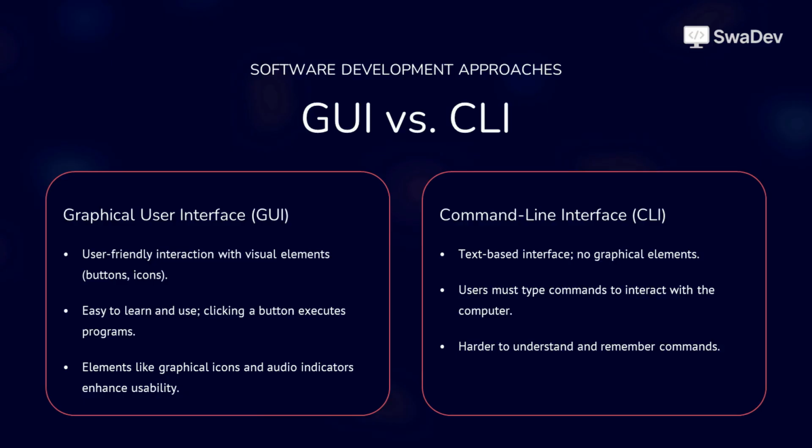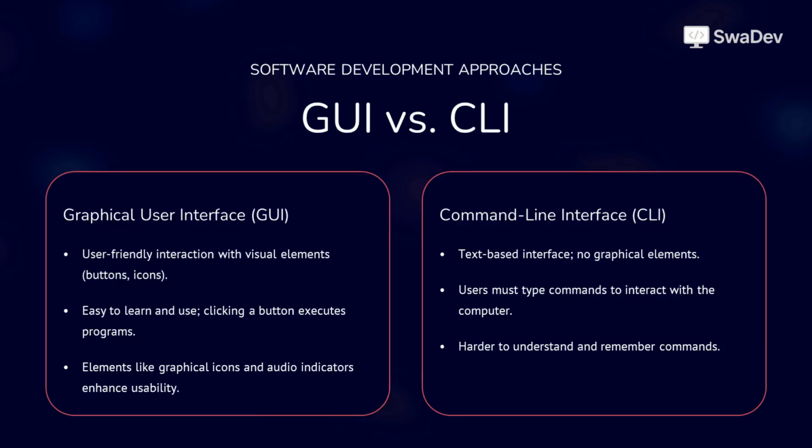The graphical user interface is easy to learn and use, even for beginners. By clicking a button, you execute programs. But in the command line interface, users must type commands to interact with the computer. Also in the graphical user interface, elements like graphical icons and audio indicators enhance usability.